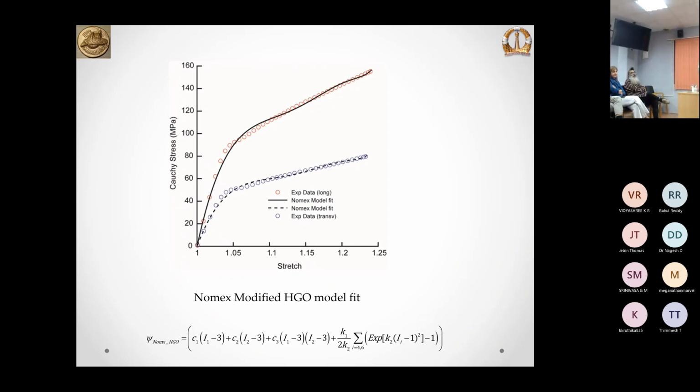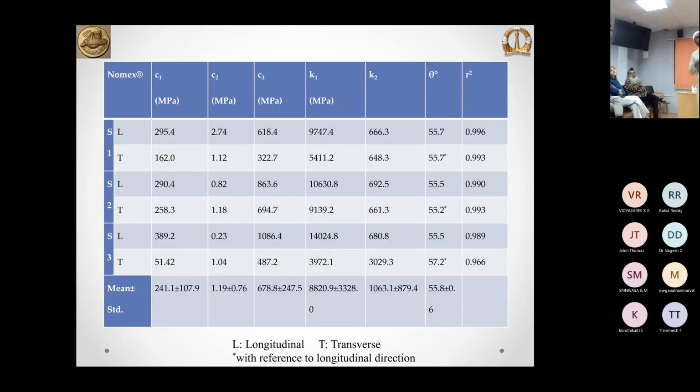So this is a fit actually, the HGO model we are using. I don't know if you're seeing the cursor here, HGO model. So this model in two different directions, it's quite a nice fit in two directions, longitudinal direction and the transverse direction of Nomex. So this table is giving the information that apart from C1, C2, C3, K1, K2 unknowns, I am just putting theta also as unknown.